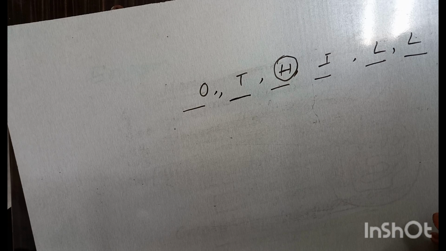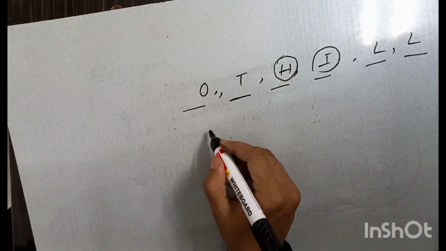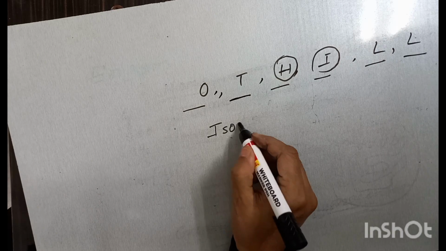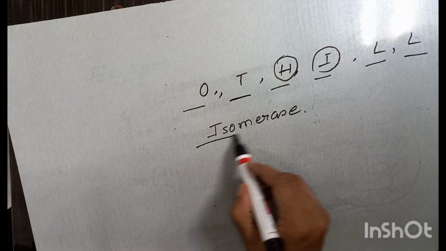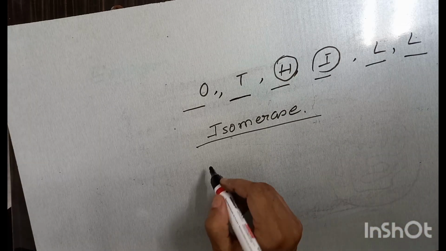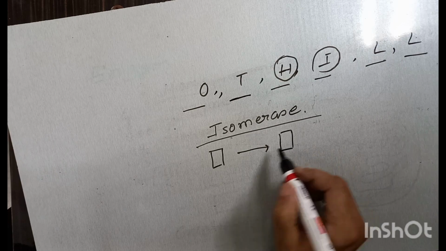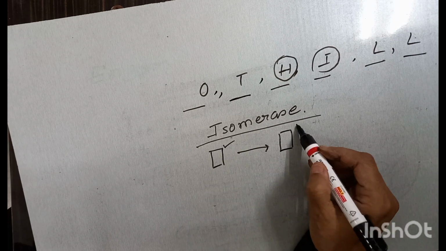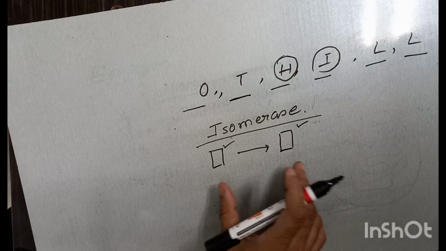Then the next one is isomerase. So what is isomerase? They just change one isomer to another. These two molecules are isomers of each other. What are isomers?